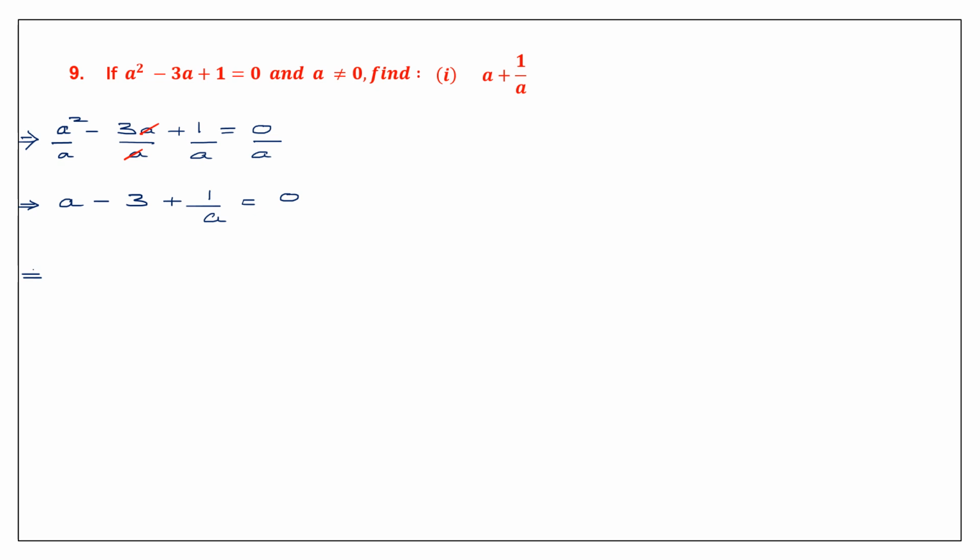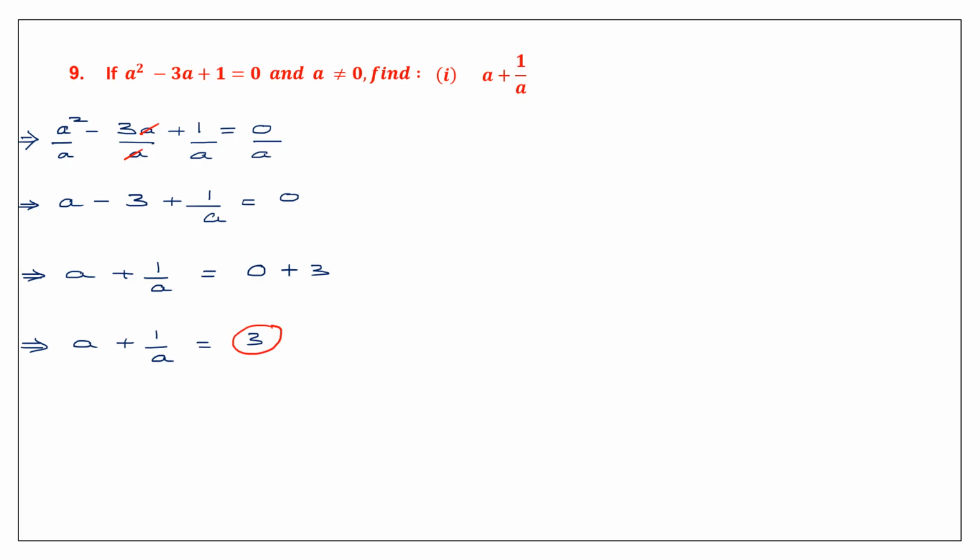Now what we're going to do is take a and plus 1 by a together. Now on the right hand side we already have 0. We're going to move this minus 3 to the other side, so that becomes plus 3. So now we have the value for a plus 1 by a, and 0 plus 3 is 3. So we've got the answer to the first part of the question. The first one was find a plus 1 by a. So a plus 1 by a is equal to 3.